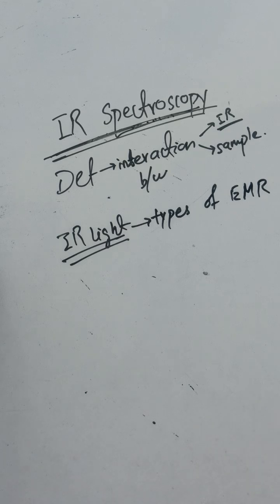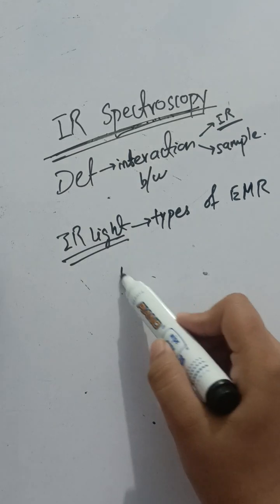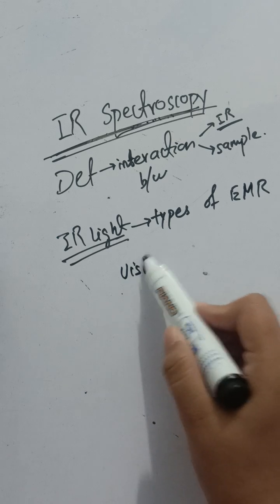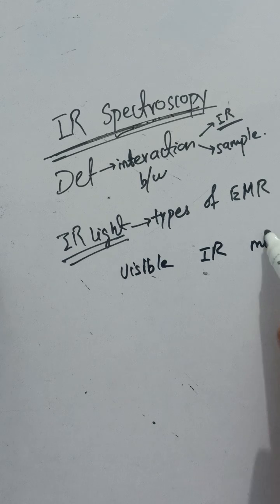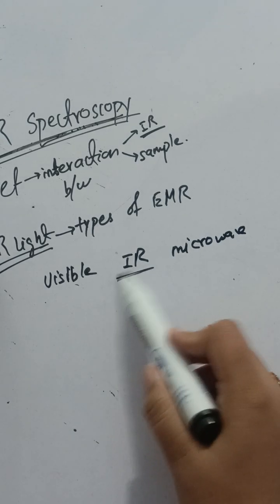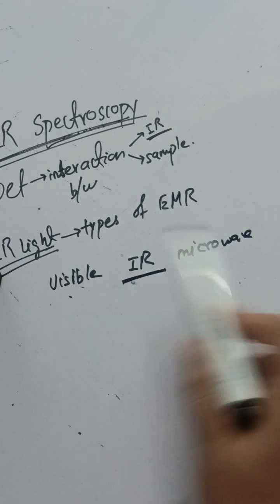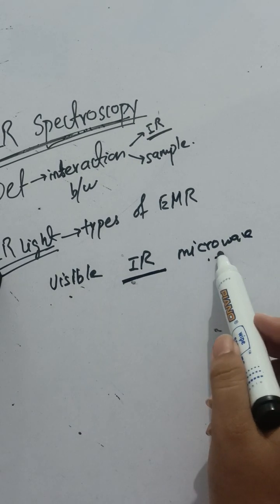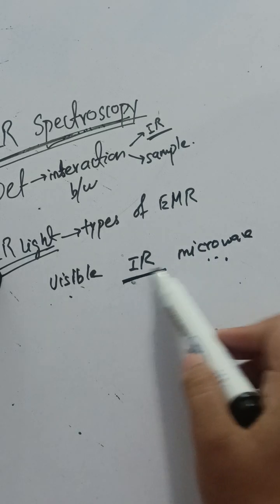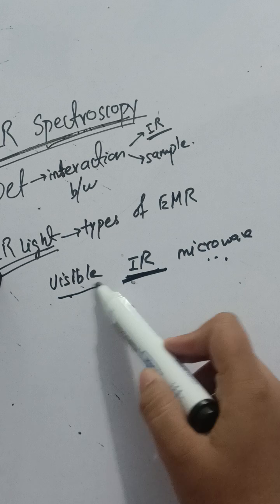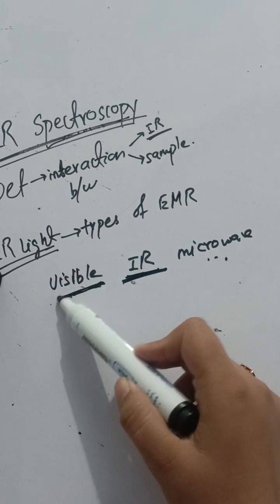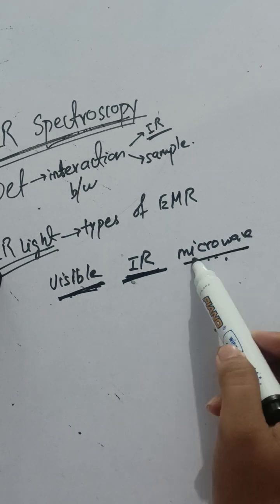First your visible region came, then the IR region, then the microwave or radio wave. So the wavelength of IR is more than the visible region but less than the microwave.